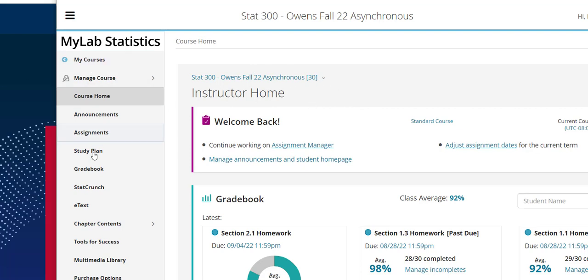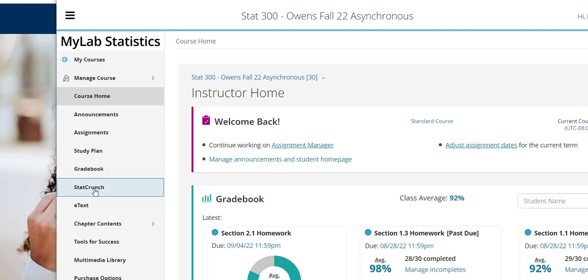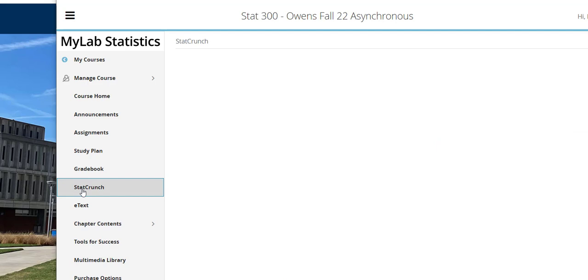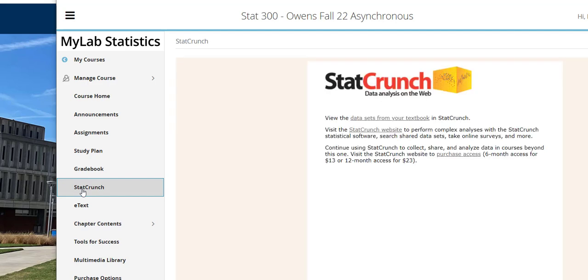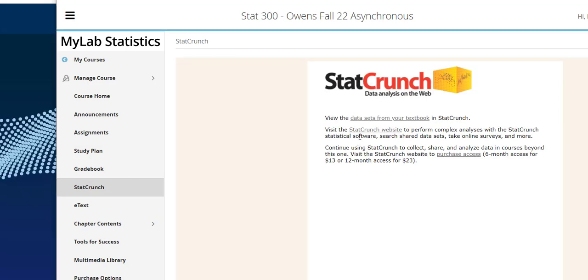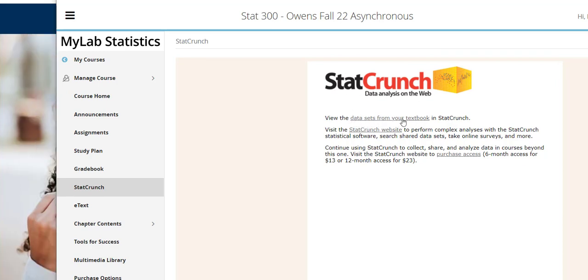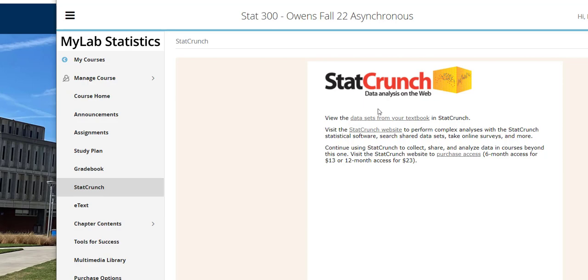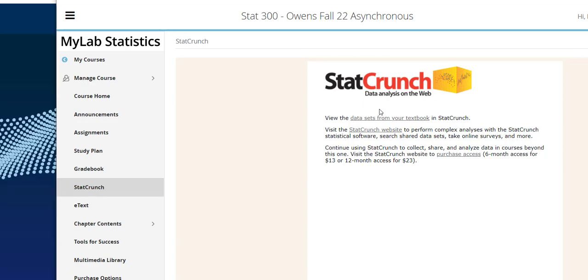And then you will see here on the left menu, right underneath Gradebook, there is a tab that says StatCrunch. So click on that, and this brings up StatCrunch. And notice that that's the place I want you to click, data sets from your textbook. Don't go to the StatCrunch website, because that's going to take you to the regular StatCrunch, but then you won't be able to access the textbook data anymore.